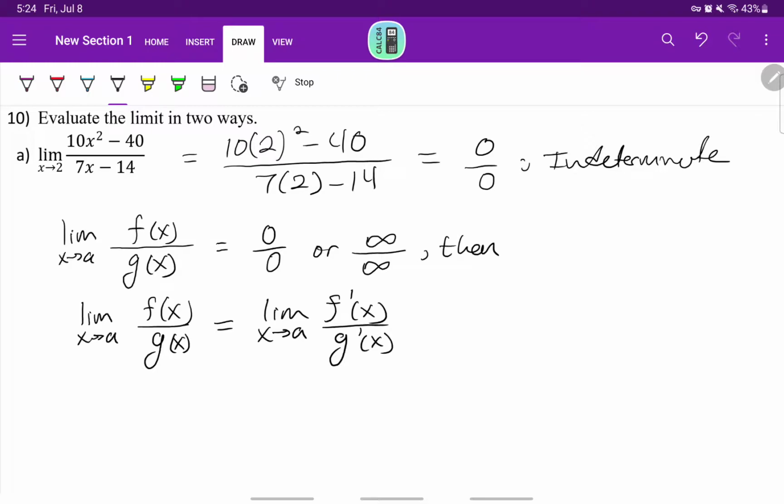So that means we can take the derivative of the numerator, derivative of the denominator, and then reevaluate the limit.